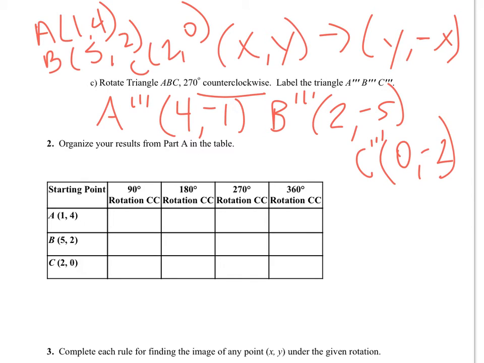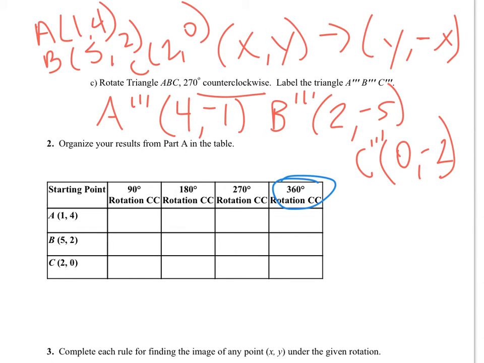And then down here on this table, you're just going to put your data of what we just did. All right? Because we rotated it 90 degrees counterclockwise. Then we did counterclockwise, and then we did 270 degrees. Now let's think about 360. Okay?